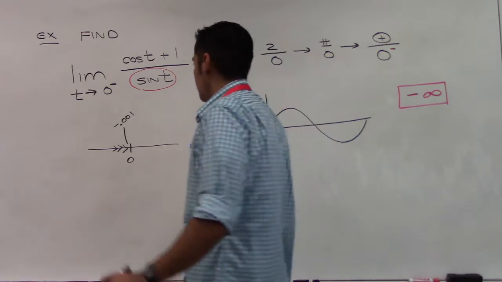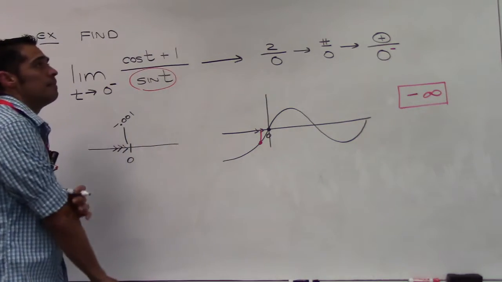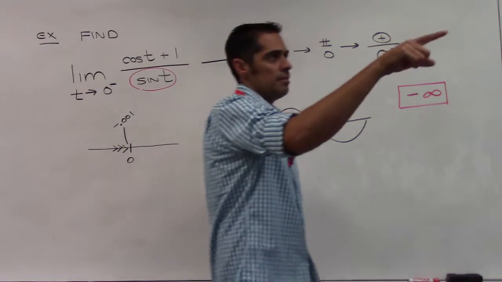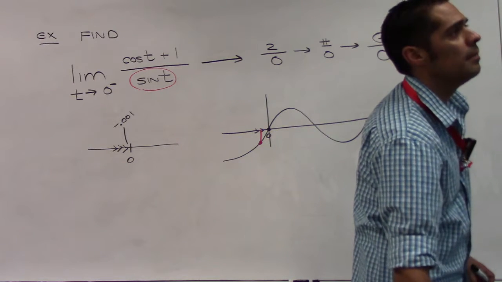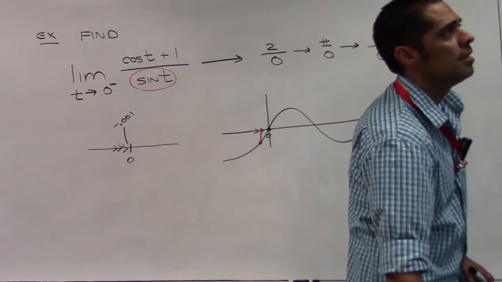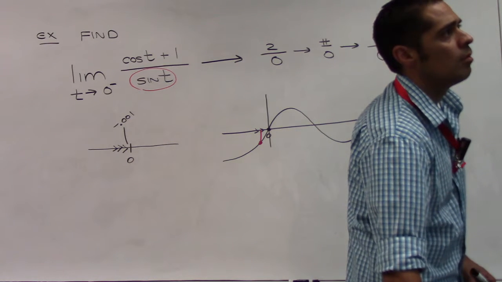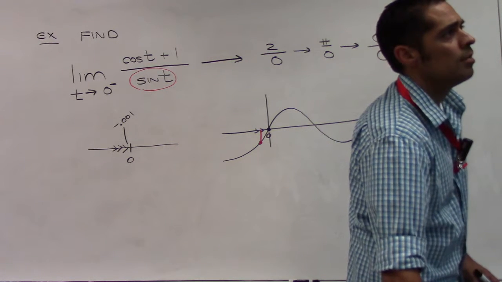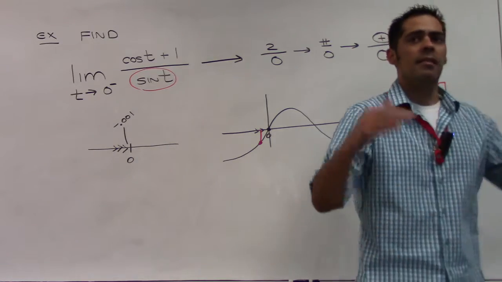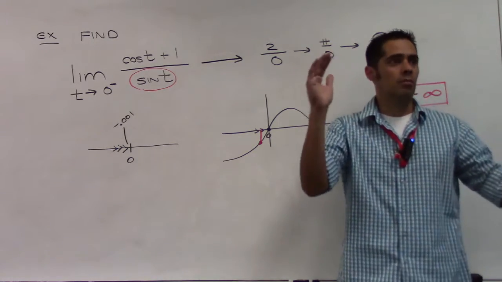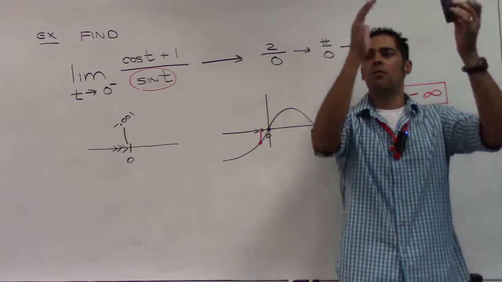All right, these are the examples of infinite limits. This is the first part of section 1.6, where we had functions that had infinity happening, where one side would go up and the other side would go down, or they both go up or they both go down.